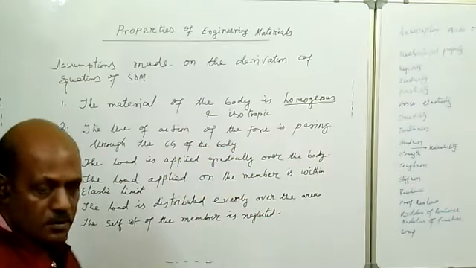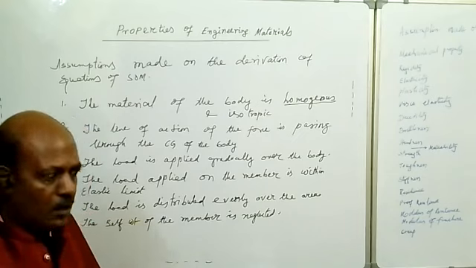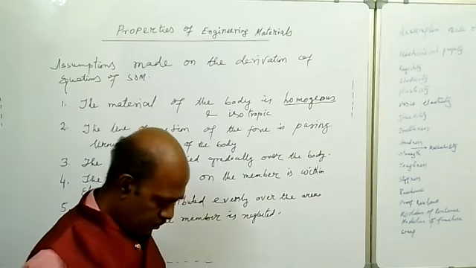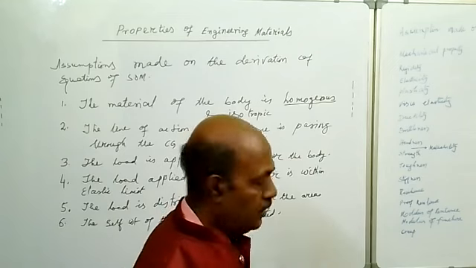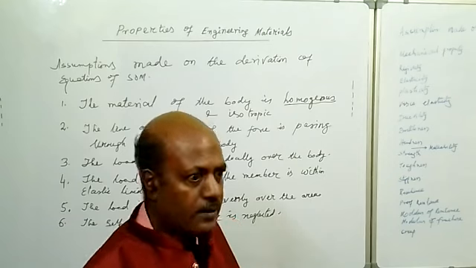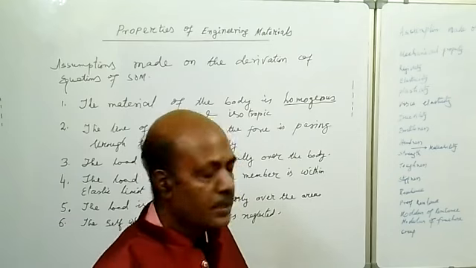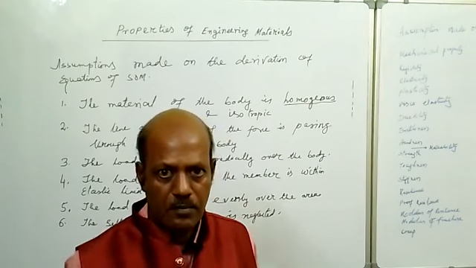Okay, hello friends. Today we are going to learn one of the most important topics of strength of material. That is the various properties which are used in the subject. So we'll see the properties one by one. And before going to that, we'll see the various assumptions made in the derivation of the equations in strength of material.